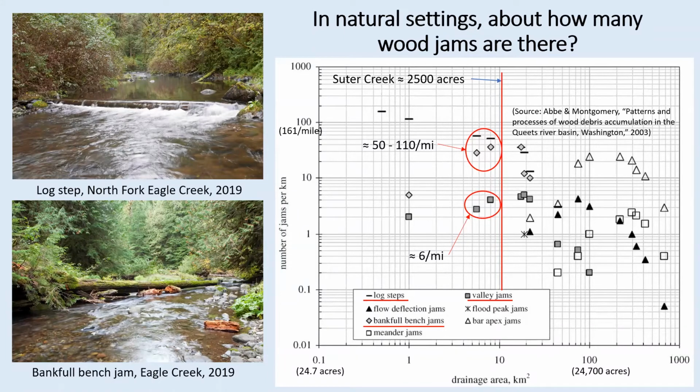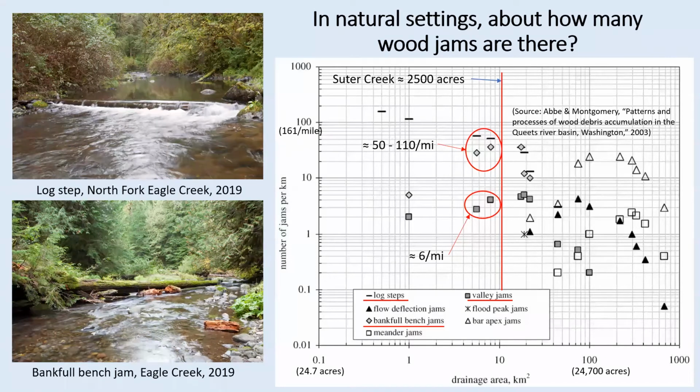So they're very common. But the other thing to note from this that I think is pretty interesting when you look at this graph is that the frequency of jams, of whatever size, shape, or configuration, decreases as the drainage area gets larger. If you can imagine a straight line, it would be decreasing as you go from the upper left down to the lower right. And so what does that tell you?